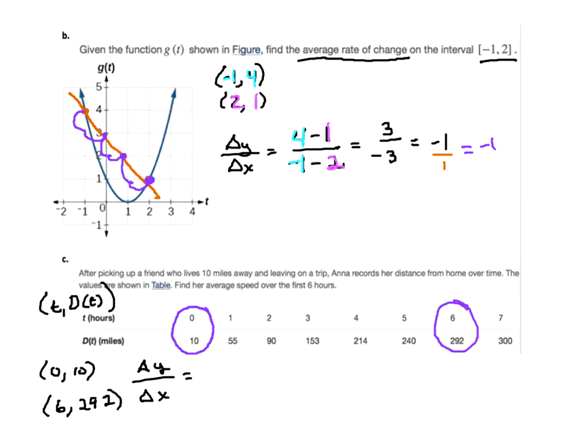And let me color code these points again just to be clear. So I've got my first point in blue and my second point in pink. And I'm going to be subtracting between the coordinates.